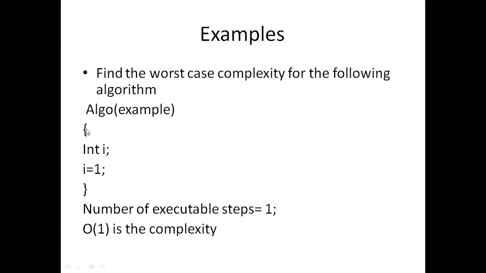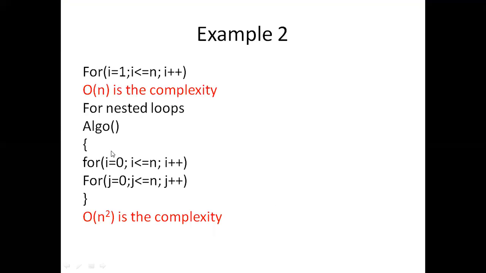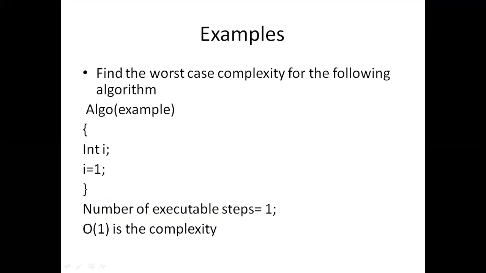This is also not an executable step. And this is the declaration. This is also not an executable step. It only allots the space for the particular variable I. Okay, integer space, that means 2 bytes or 4 bytes, it will allocate the memory here. Okay, so the executable steps are things like complex statements, if statements, condition statements, control structures, that means for loops and so on.